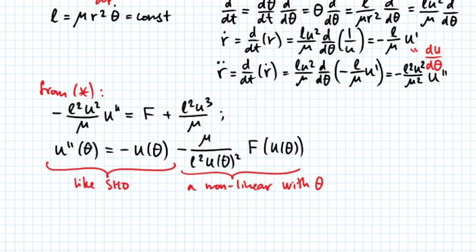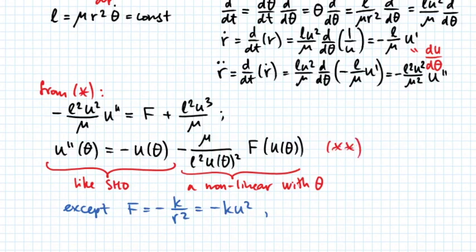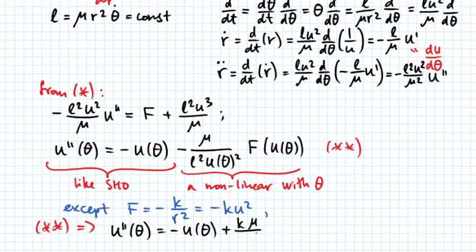We see that the motion for arbitrary dependence of the force on r is very complex, except when the force is given by the inverse radius squared, or minus k u squared, in which case we get from the equation for the orbit u double prime of theta equals minus u of theta plus k mu divided by L squared, which is just a constant.